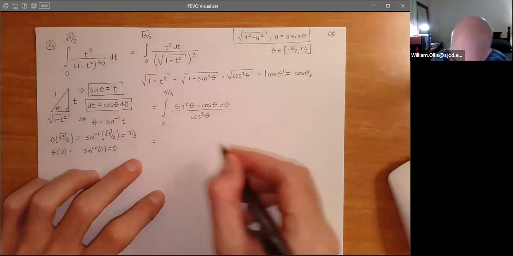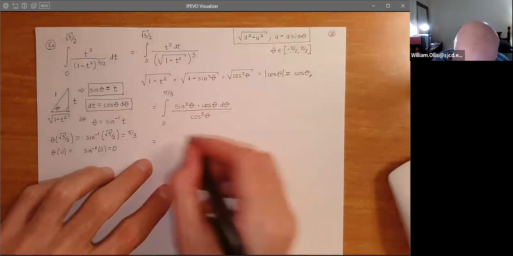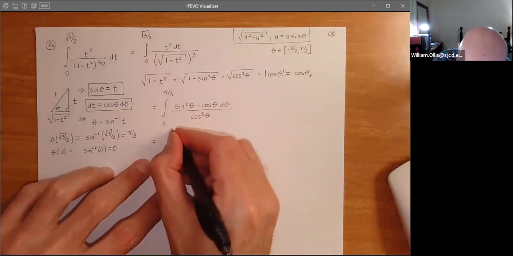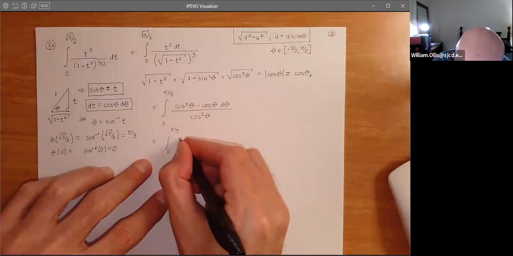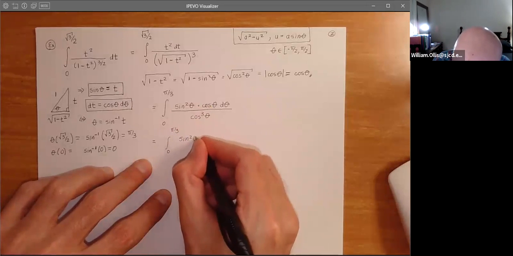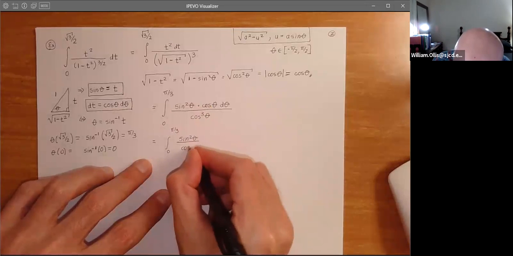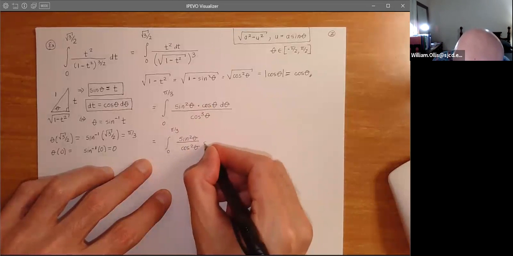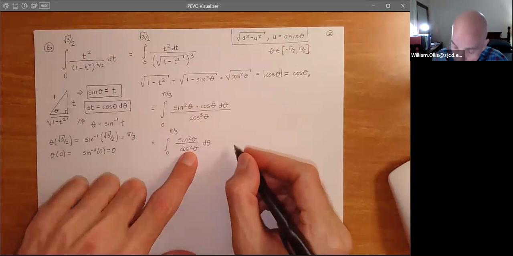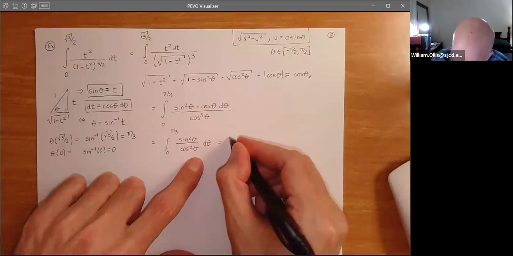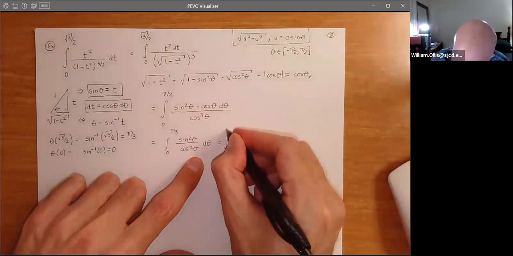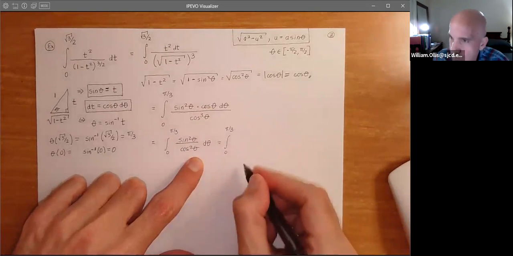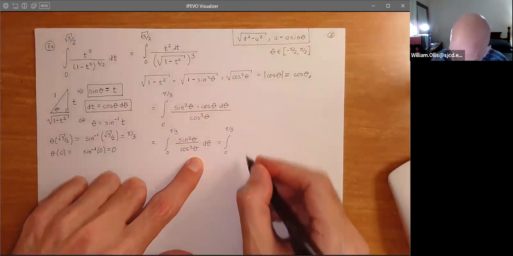So now notice one of the cosines will absorb, and we get the integral from 0 to pi over 3 of sine squared over cosine squared. And of course, this is just tangent squared. And we don't need the reduction formula because that's just a Pythagorean identity. That's fairly straightforward.